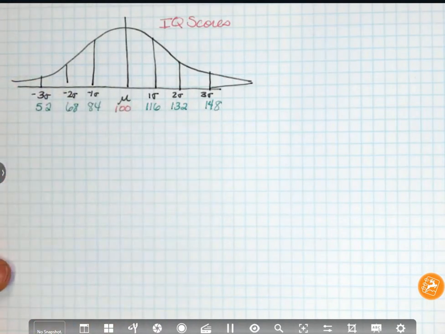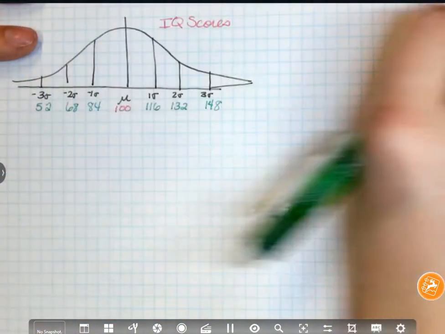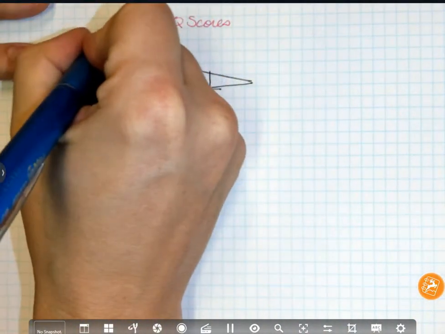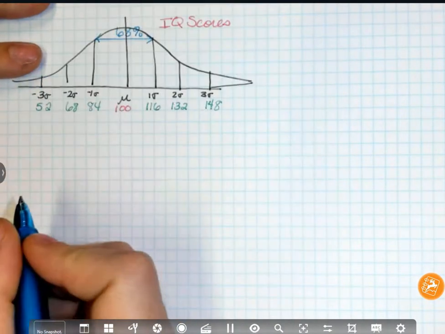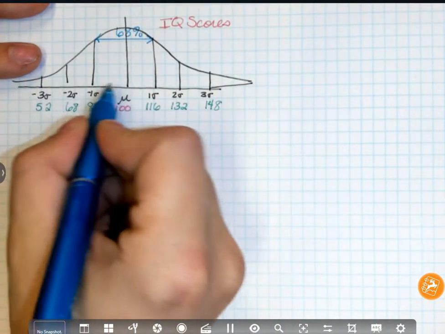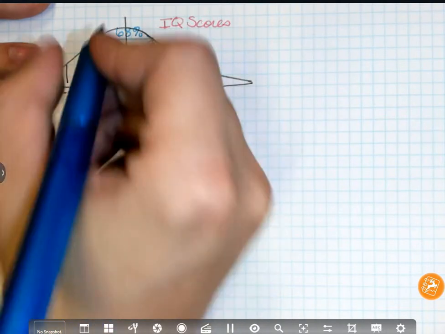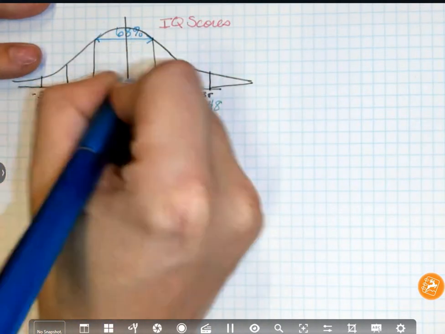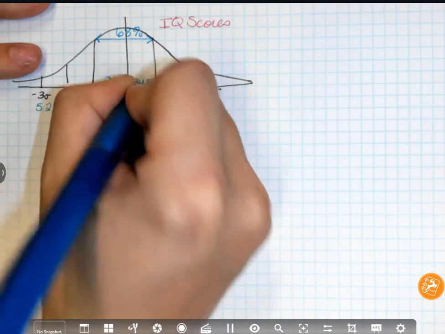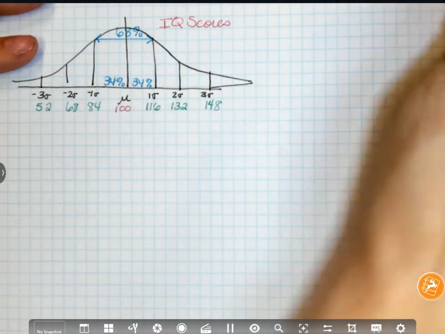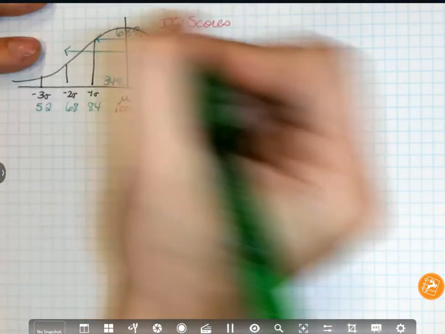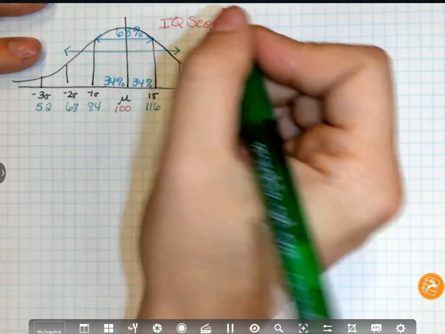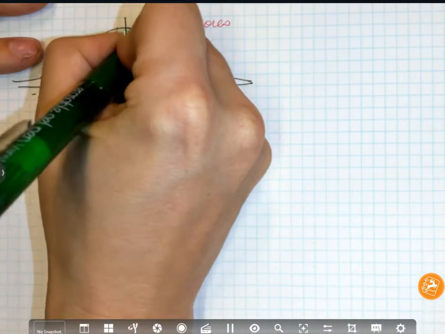52. We also have the idea that in our normal curve, we have 68% is within that first window. So if that's 68%, what's in this little piece here? 34. And that means this piece also has 34. Now, if I step out one more standard deviation further, what percent is that? 95.